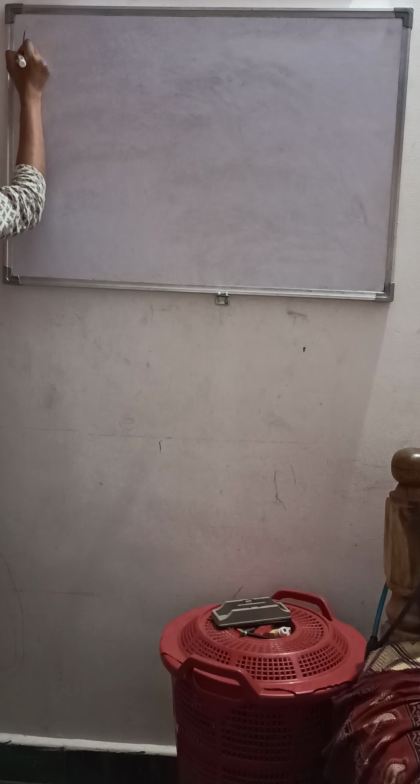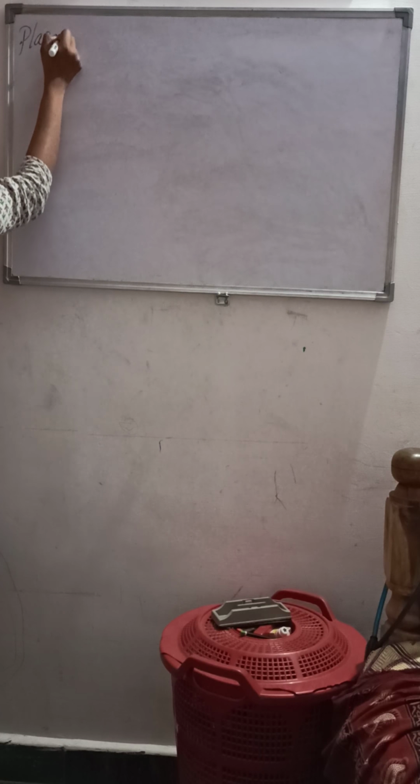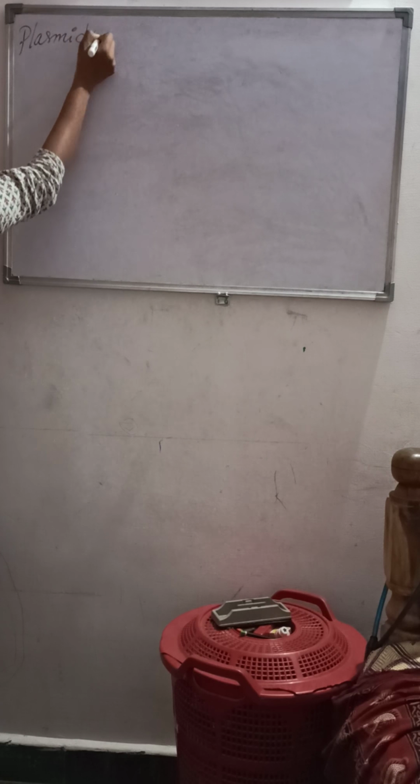Now let us move on to further concepts of this very interesting chapter, Biotechnology Principles and Processes. We are going to study a very important concept and a very important word, plasmid.